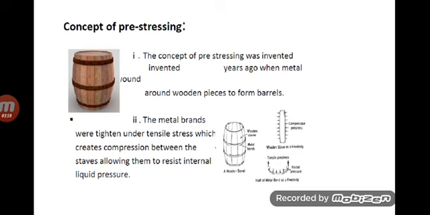That compressive stress inside the concrete will nullify the tensile stress coming due to external dead load and live load. So in pre-stressing tendons we apply tensile force only, but that tensile force will create compressive stress inside the RC members.